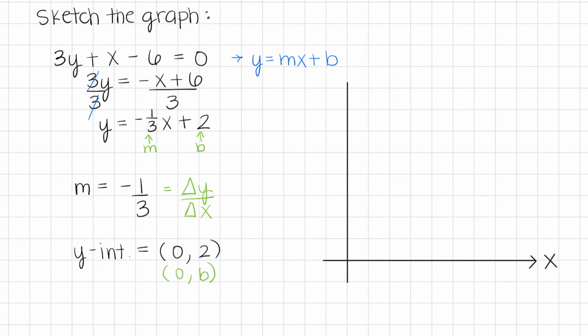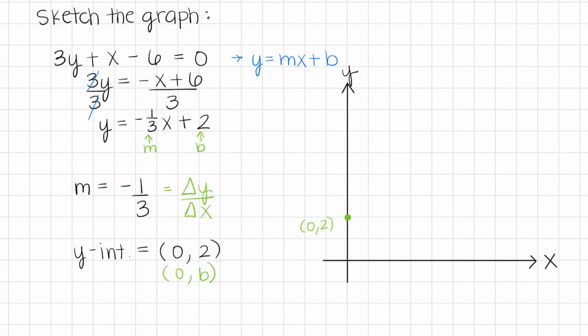Now we can sketch the graph. So let's start by plotting our y-intercept point first. So we'll plot the point at (0, 2). And for the slope, we have a negative 1/3 here. When you have a negative fraction, you can either have the numerator be negative or the denominator be negative, but you can't have them both be negative. We will go ahead and use negative 1 for our change in y and positive 3 for our change in x.